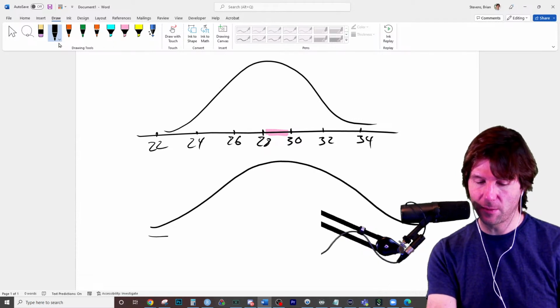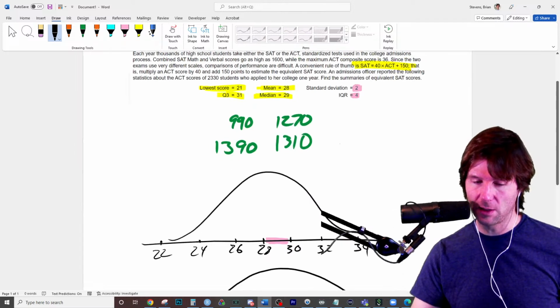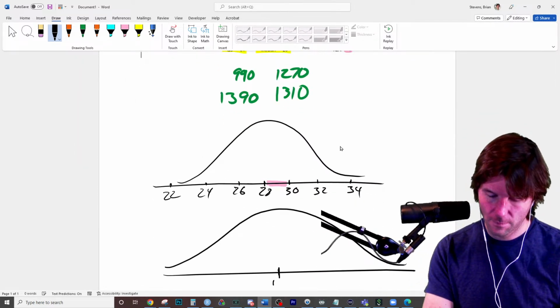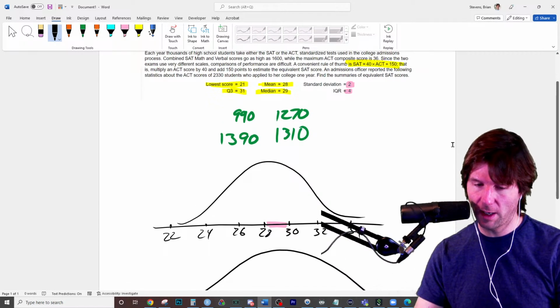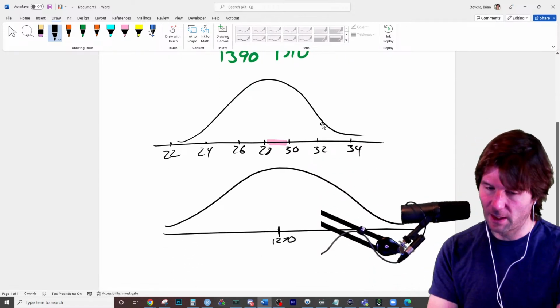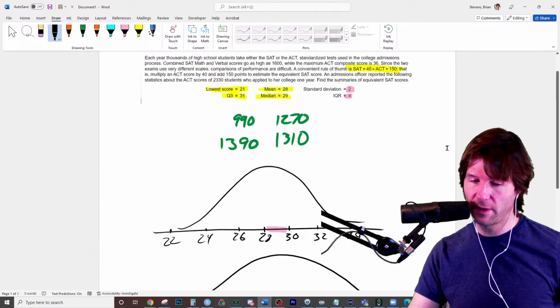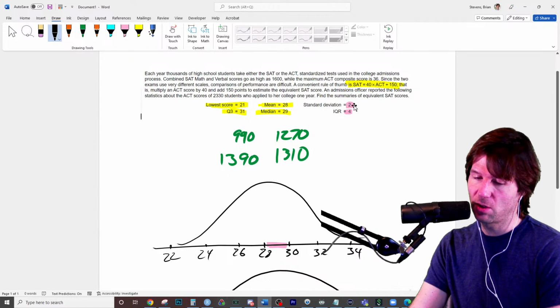Now, we already have some of these numbers. The mean of 28 is 1270. And the median would be another 40, so 1350. As for the standard deviation, you wouldn't want to times that by 2.